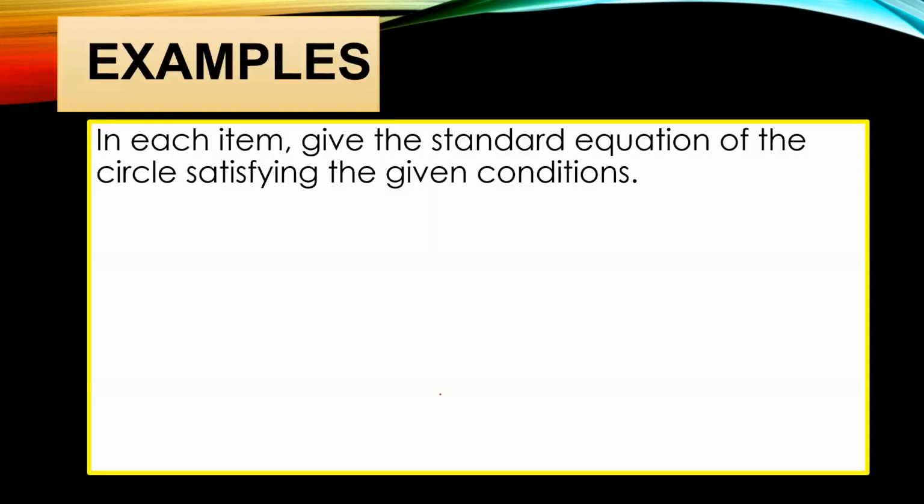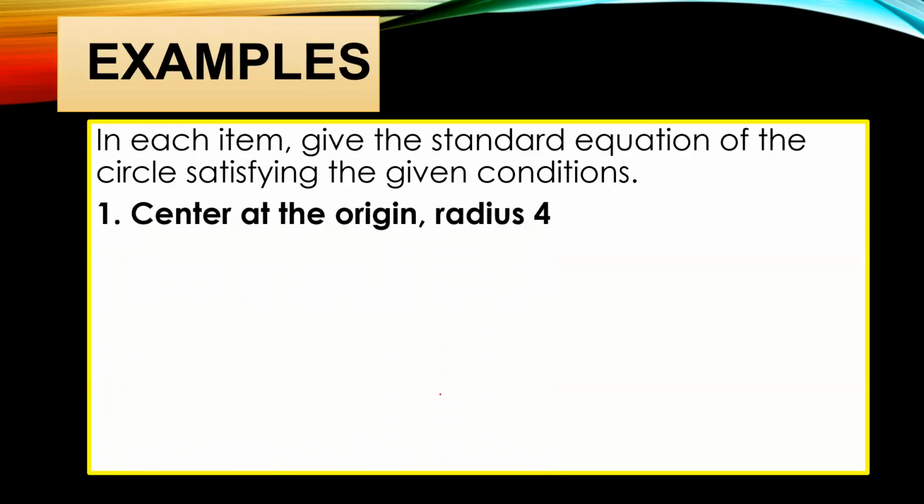Next, we have an example about the standard equation of a circle. We have here the given instruction. In each item, give the standard equation of the circle satisfying the given conditions. We have center at the origin and radius 4.